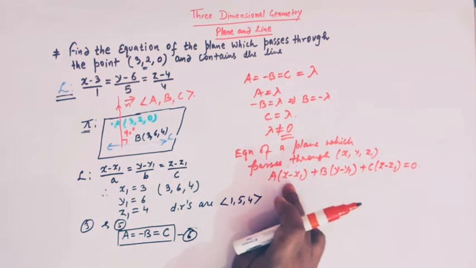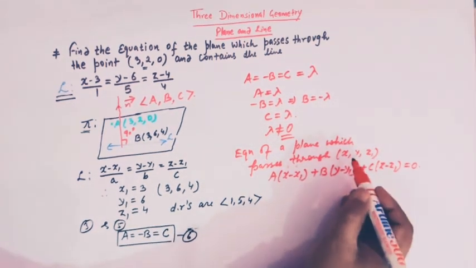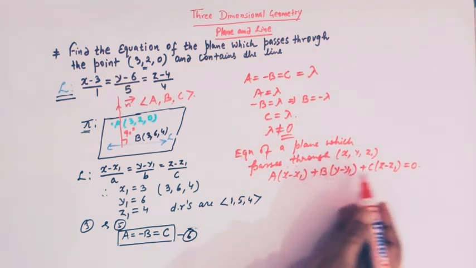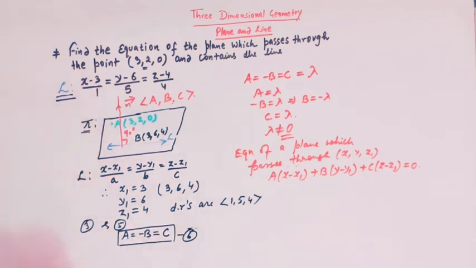So this is the equation of a plane which passes through a point x1, y1 and z1, where a, b, c are the direction ratios of the normal.